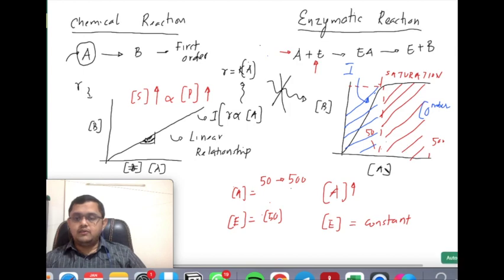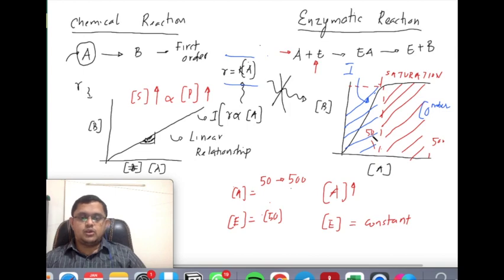Why? Even if I increase A, the substrate concentration, after saturation there is no further increase in the product concentration. So the rate of reaction becomes constant once saturation is achieved. So there is a combination of both first order and zero order. So the normal rate of reaction equation is not obeyed by enzymatic reactions.